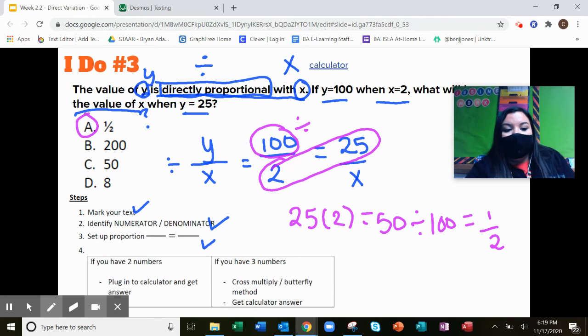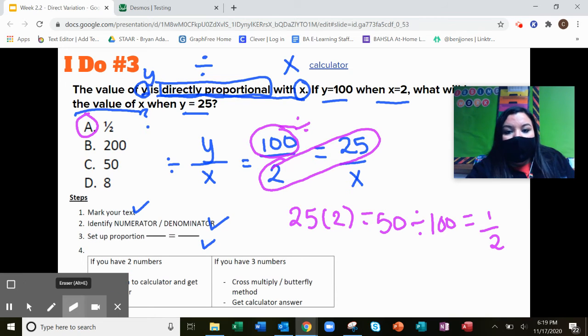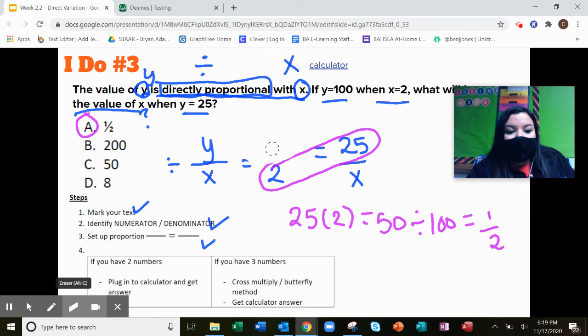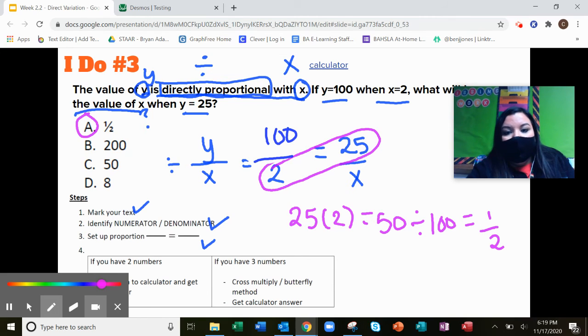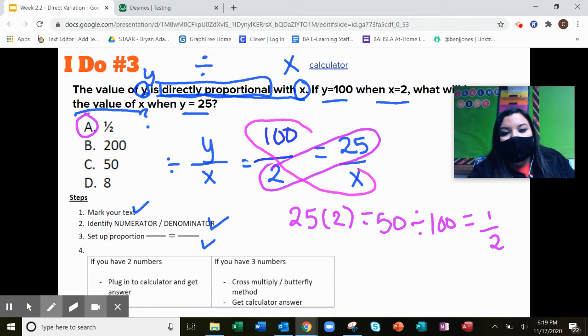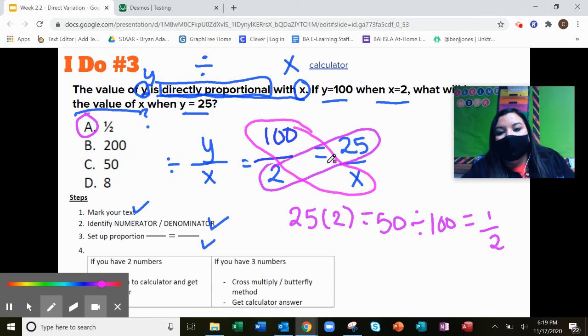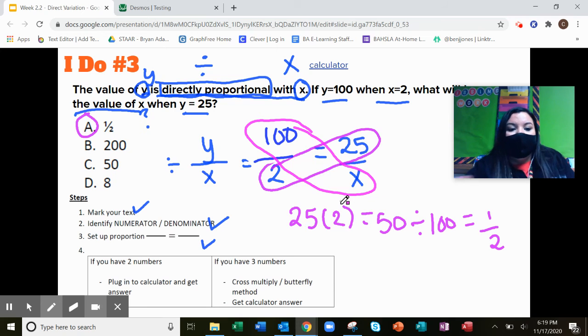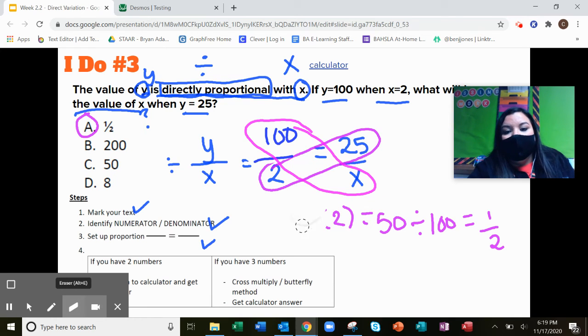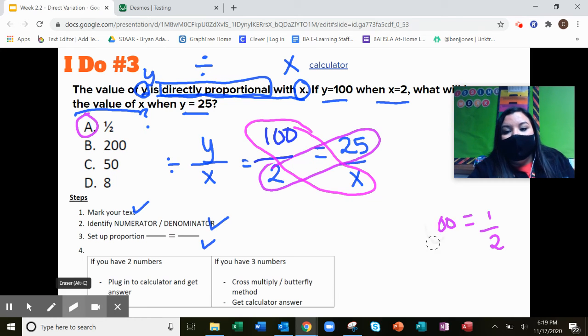So most of you guys are probably familiar with just doing, let me erase this real quick. And let me change the pen, which is doing this here. So that's your butterfly method. So the same thing, it's doing 25 times 2 and then dividing by, let's delete all this.